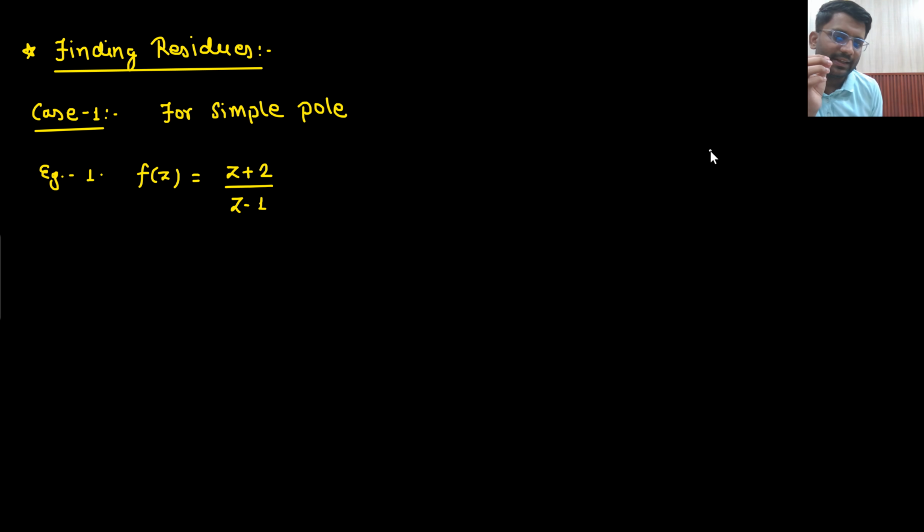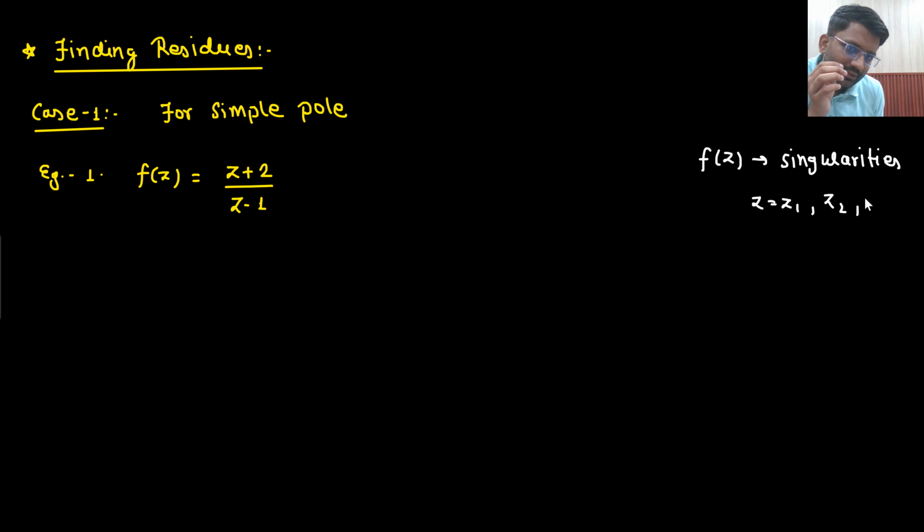What I mean to say is that, let's just say your function f of z is given, which is having singularities at some points, let's just say z equals to z1, z2 and z3. At these points it is having singularities. So you will find out residue of f of z at z equals to z1, at z equals to z2, at z equals to z3.